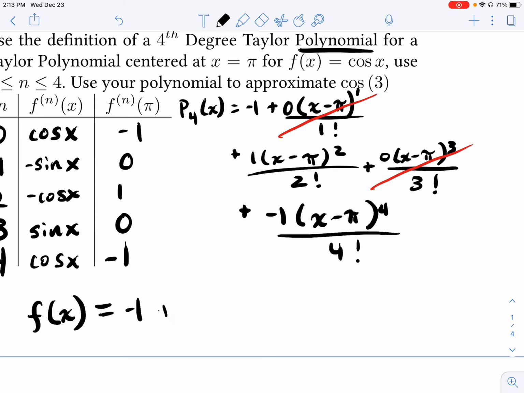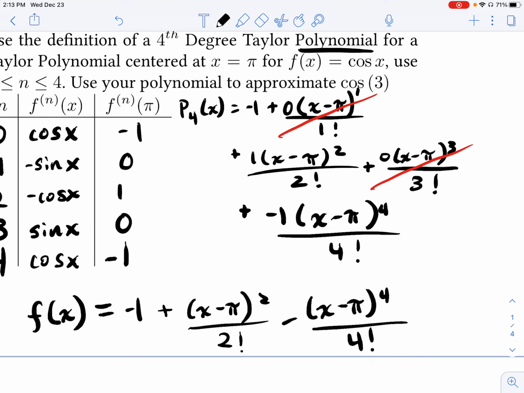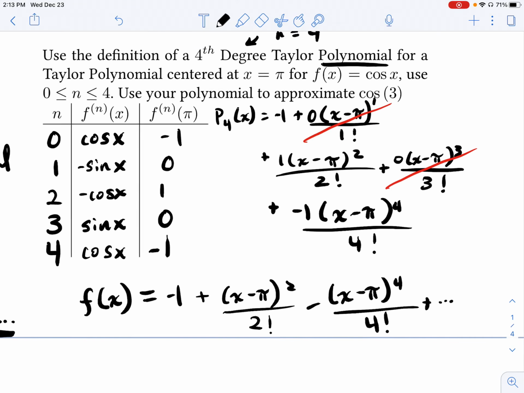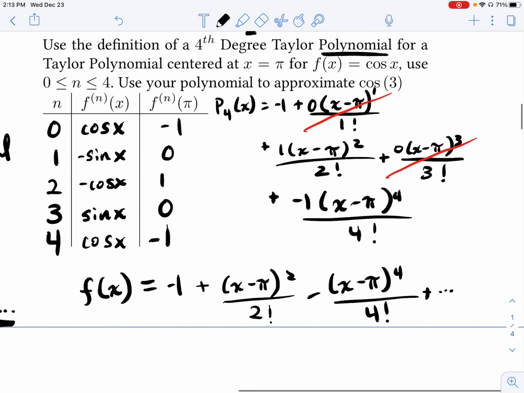So I can then move on to writing (x minus pi) squared over 2 factorial, minus (x minus pi) to the 4th over 4 factorial, and so on. And this infinite number of terms indicates that it's a series here. Now, just to finish this up, I've just written the Taylor polynomial for this.